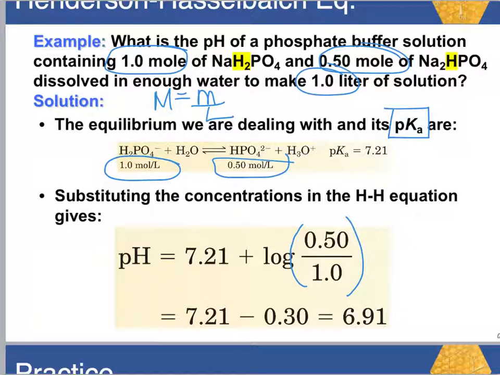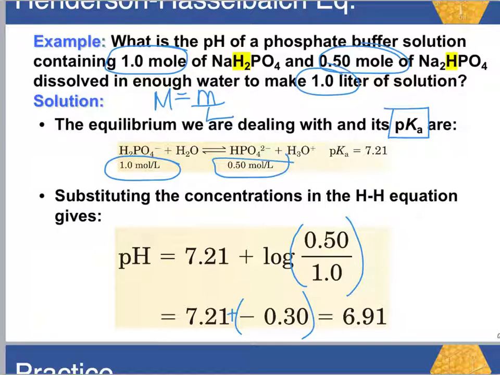Take the log of that on your calculator and then add 7.21 to it, and you come out with 6.91. And that's because when you take the log of 0.5, you get a negative number. So this is 7.21 plus a negative number, which gives you 6.91.